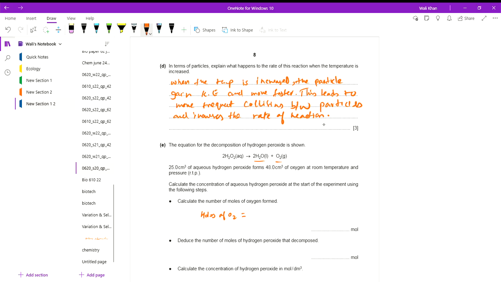So it is 48 divided by इसकी जो मोलर वॉल्यूम है रूम टेम्परेचर पे, it is 24 dm cube, हम इसको cm cube में चेंज करें तो it is 24,000, ठीक है. So it is about 0.002 mole.